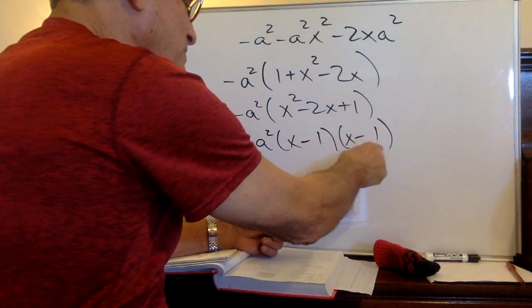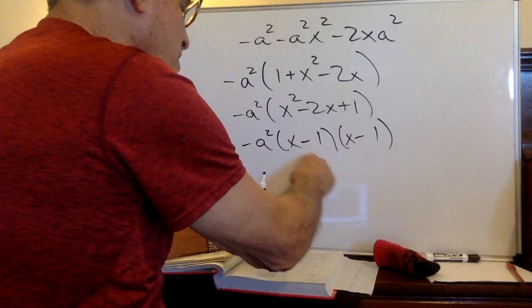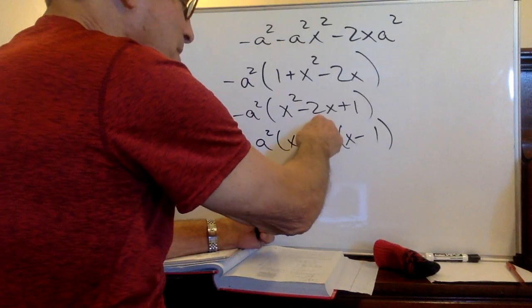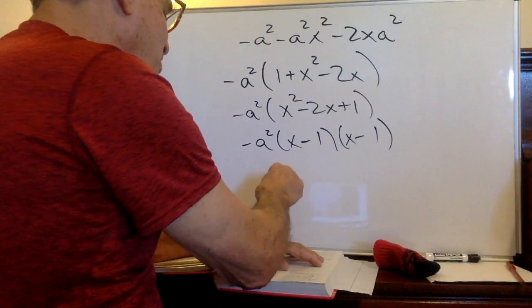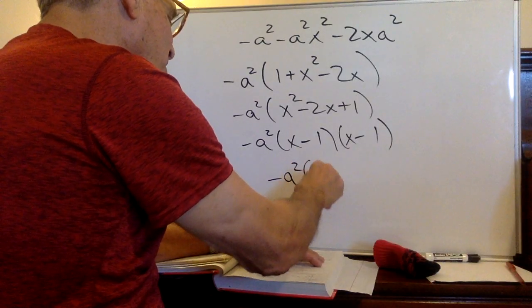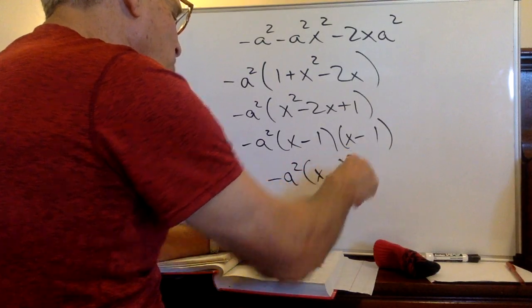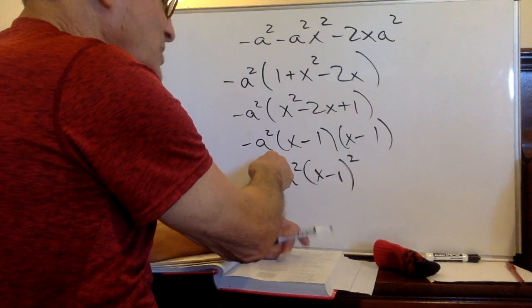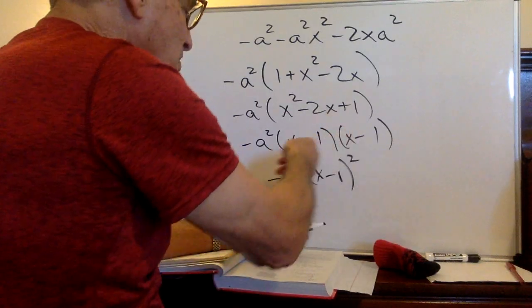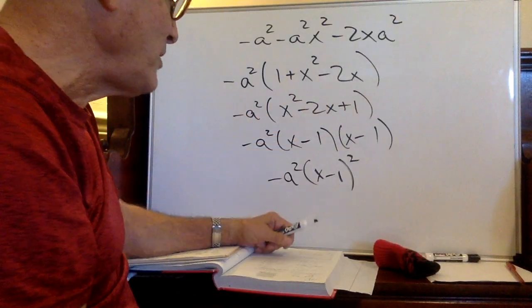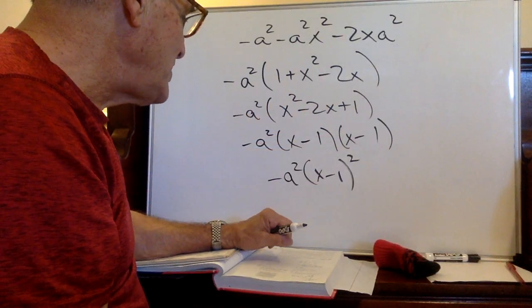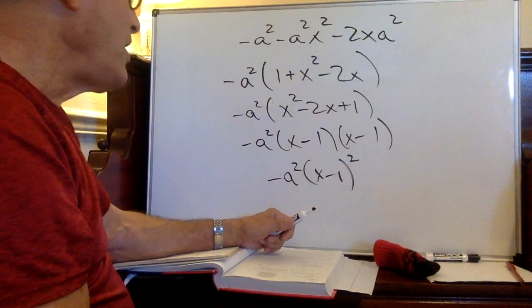X minus 1 times x minus 1 gives me x squared minus x minus x, and minus 1 times minus 1 is plus 1. And you could write that as negative a squared times x minus 1 squared. That is also the same as that. Anytime you multiply like quantities, you can write it as a quantity squared. This is the completely factored form of my original.